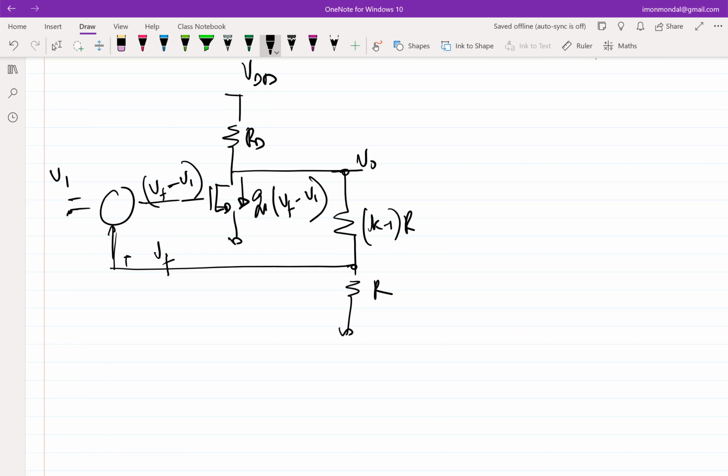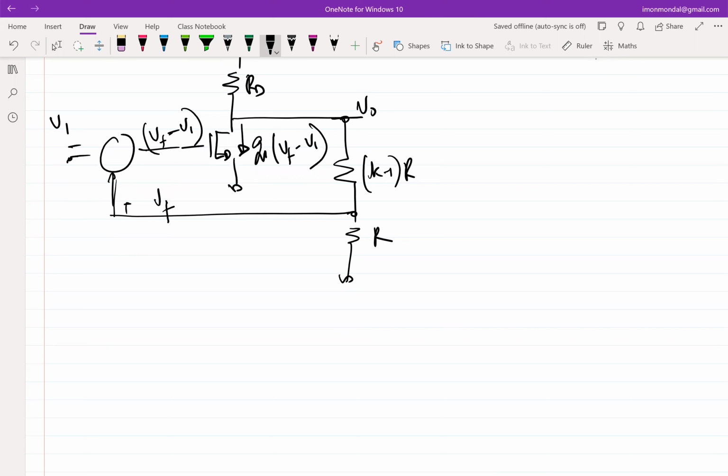But note that if I look at a transistor in isolation, and I say that the incremental current through the transistor is GM times VF minus V1, right? Given that you don't know anything else, what would you conclude? Let's say you don't know about negative feedback loop, and I tell you have a transistor biased in saturation.